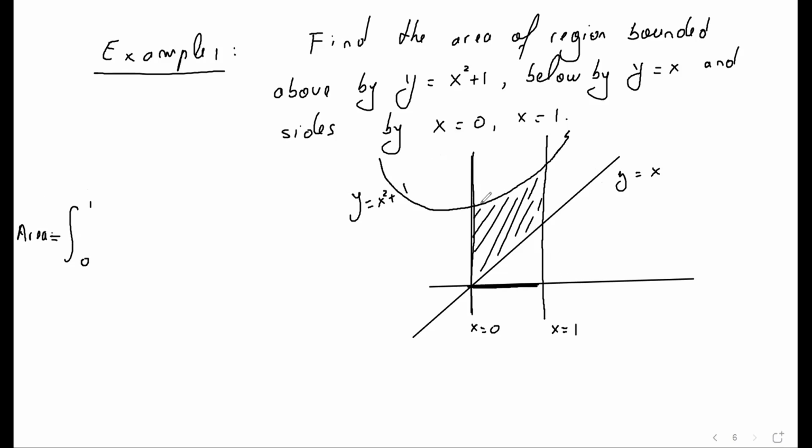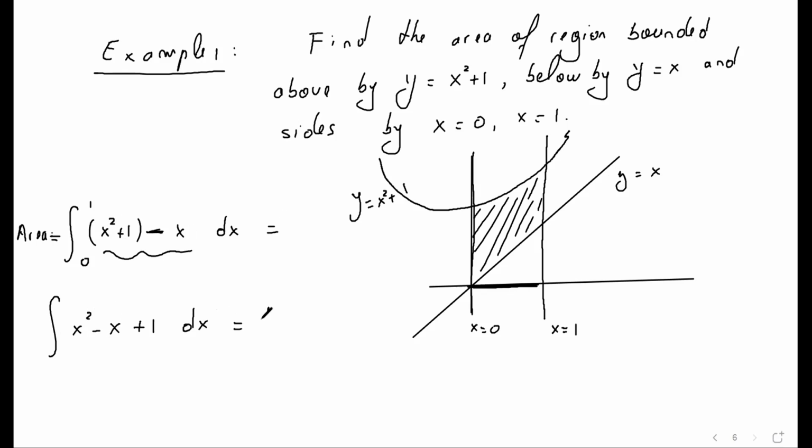The next thing I'm going to say is the top, which is x squared plus 1, minus the bottom, which is y equals x, so minus x, dx. And this is a piece of cake for us to evaluate. Let's do the integral of x squared minus x plus 1, dx, without any bounds. That means the antiderivative, right, folks? This is what we learned in the previous lesson.